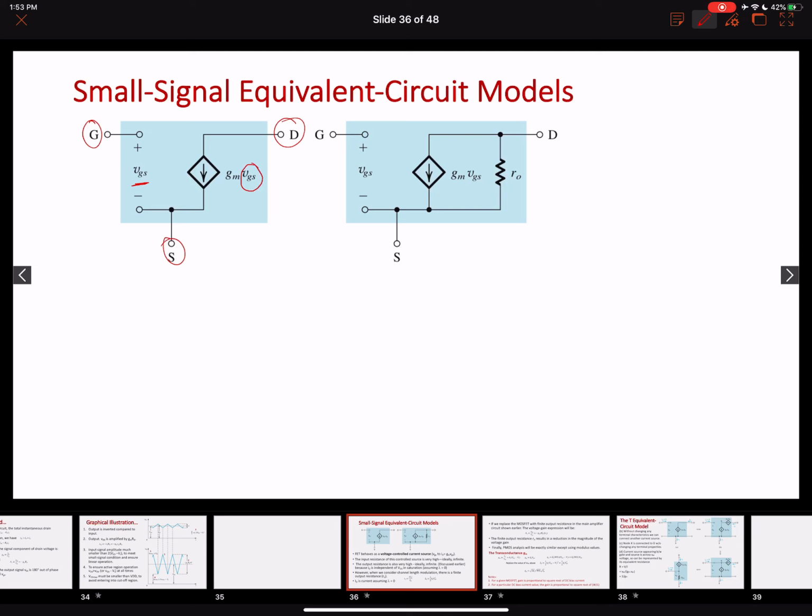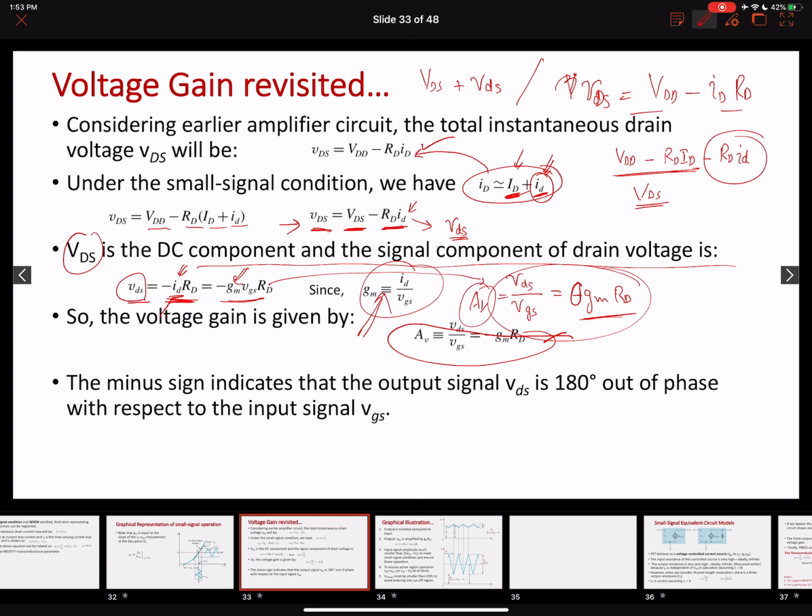So the voltage source is controlling the output drain current. And we know where this value is coming from: ID equals GM VGS. We ended up deriving it multiple times. You can also look over here: ID is equal to GM into VGS.